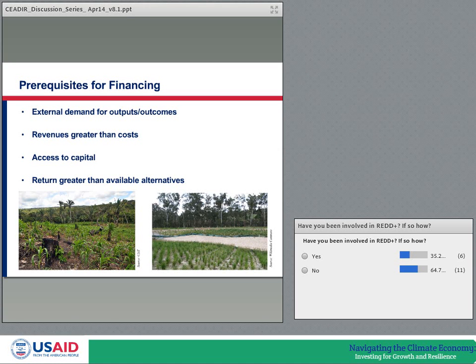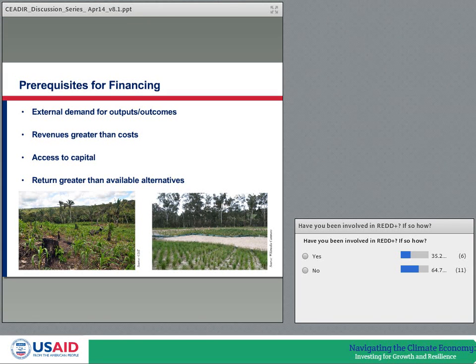Carbon credits, you've got to have a government program to create that demand. There's a lot of things like lumber and crops that people want, those goods, so there's big demands for those, and we're looking at integrating them. Revenues greater than costs is kind of a no-brainer here, isn't it? But our challenge is our costs are often high and our revenues are low. We're looking for places where we can combine things in sweet spots.